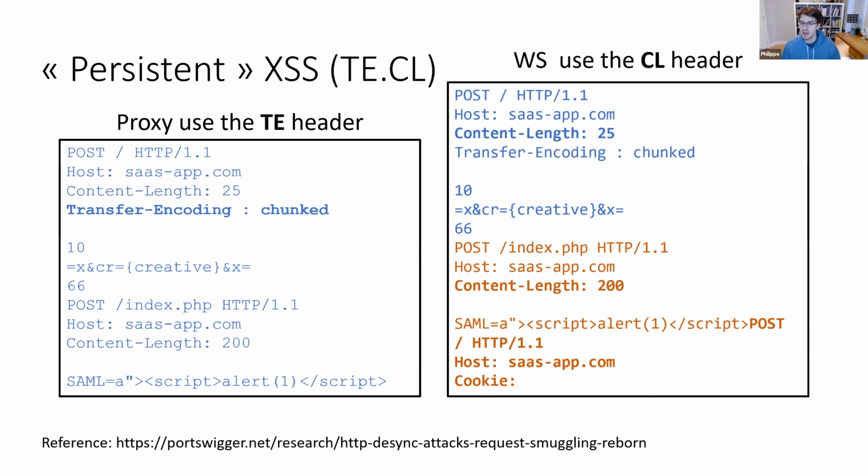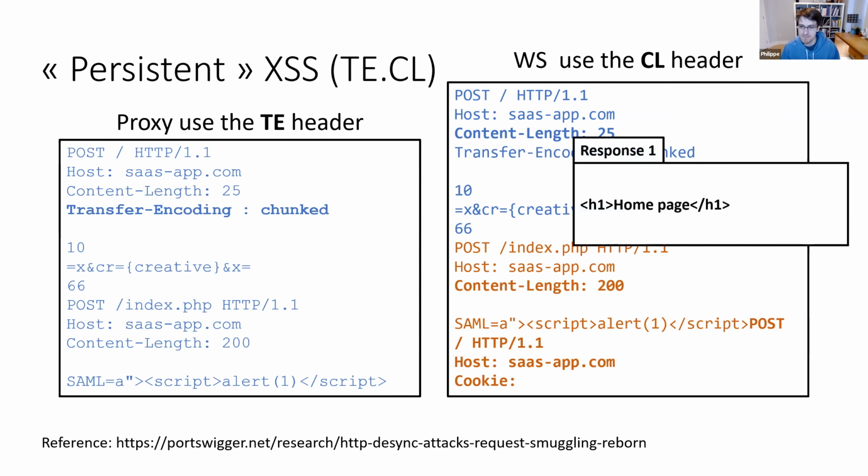So it could be visiting the contact page. In practice, the resulting page will be index.php with the SAML parameter, along with some junk that will basically be the request of the user. But it will be effective to do an XSS that will be forced on the next user.